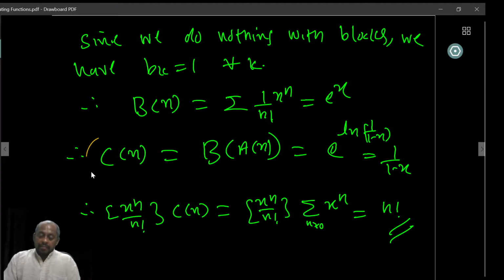And what is c of x? It is b of a of x, which is e raised to log of 1 by (1 minus x), which is 1 by (1 minus x). So this is summation x raised to n. So therefore the coefficient of x raised to n by n factorial in this is basically n factorial, multiplying by n factorial. Okay. So this is the number of ways.